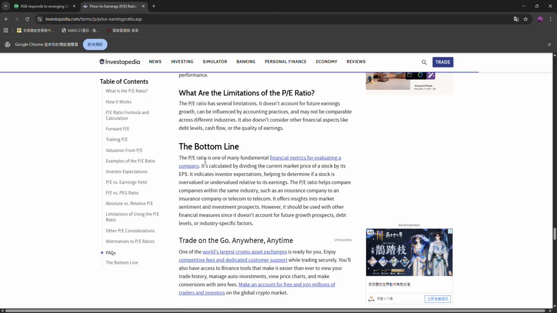The bottom line: the PE ratio is one of many fundamental financial metrics for evaluating a company. It's calculated by dividing the current market price of a stock by its EPS. It indicates investors' expectations, helping to determine if a stock is overvalued or undervalued relative to its earnings.